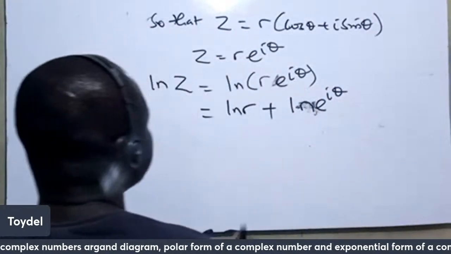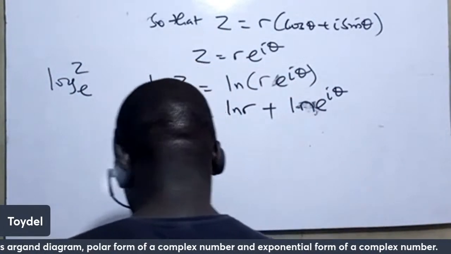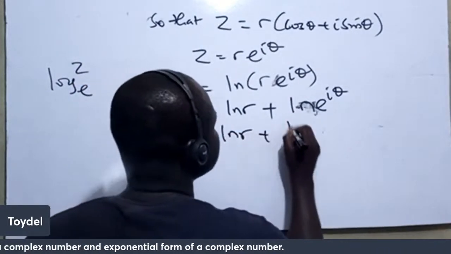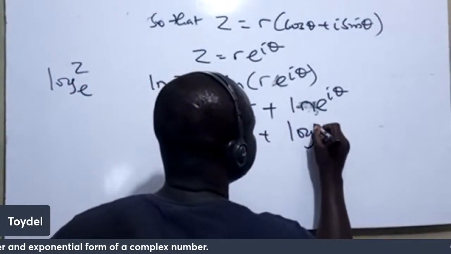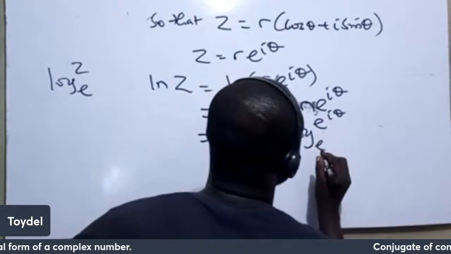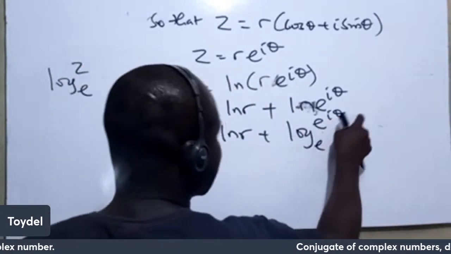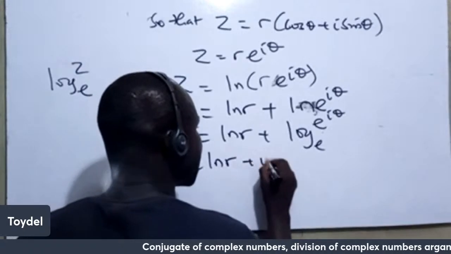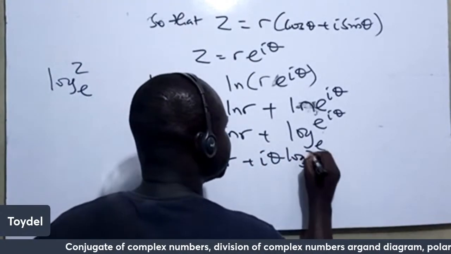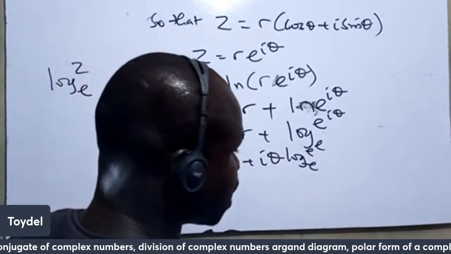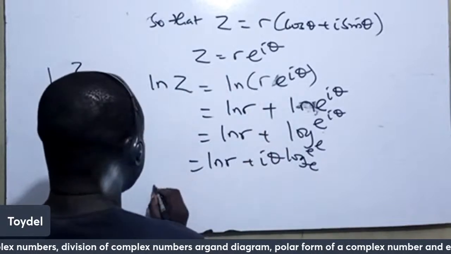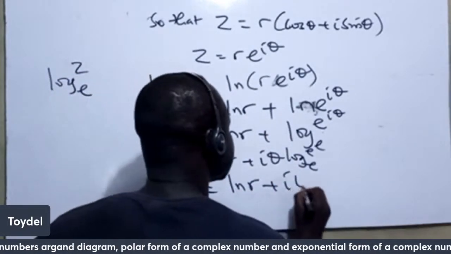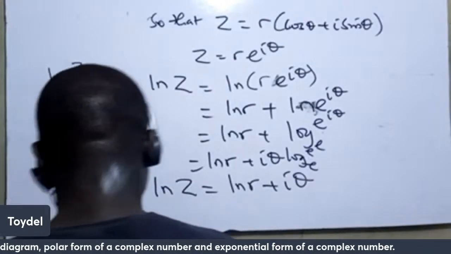And of course, ln and the exponential cancel out, so we have ln r plus iθ log base e of e. If the log and the base are the same, it is 1. Therefore, ln z is equal to ln r + iθ.